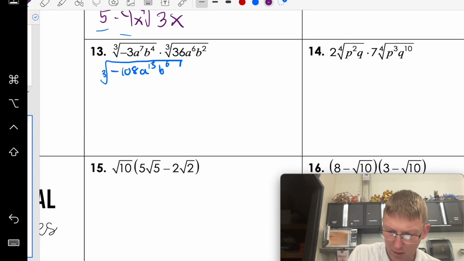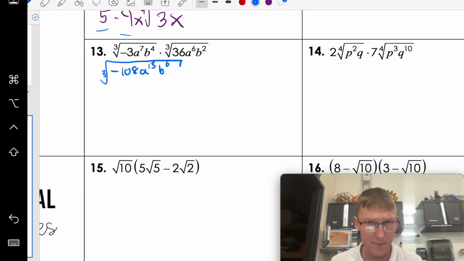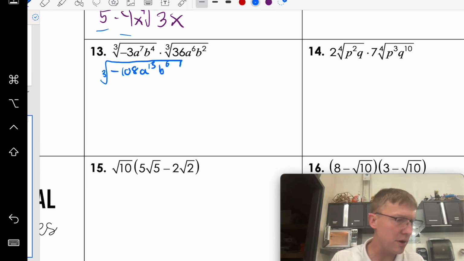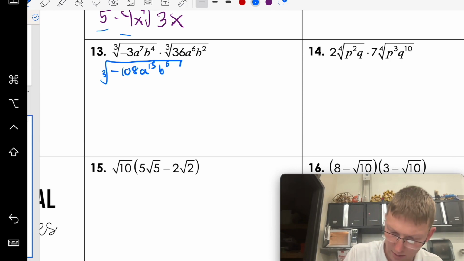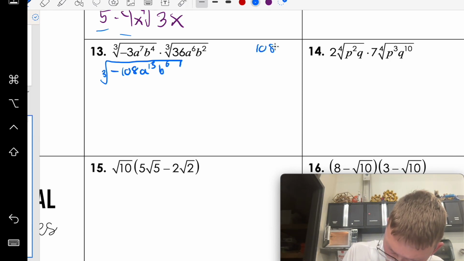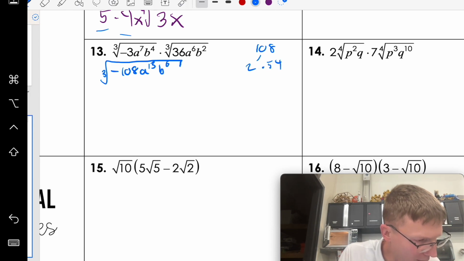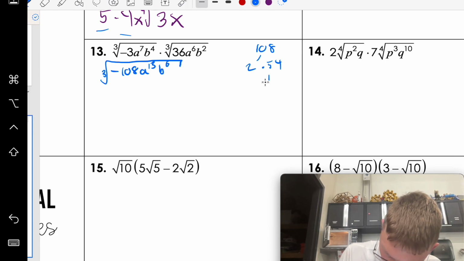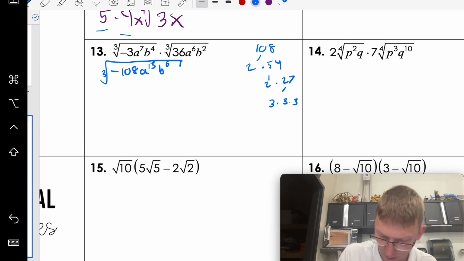So here I'm going to look at, we'll start with the number first. So my number 108, I'm sure there's probably a perfect cube in there somewhere. I don't know what it is off the top of my head. So I'm going to do my little factor tree. So 2 times 54, 54 divided by 2, 2 times 27, and then 27 is 3 times 3 times 3.